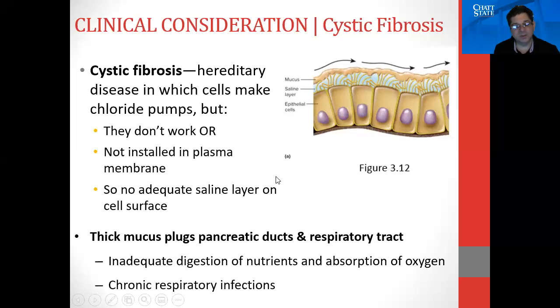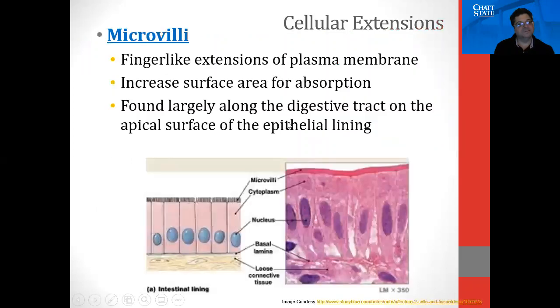And then the water has nowhere to go, because without a concentration that's different, water will naturally want to follow sodium chloride. Well, if sodium chloride's not moving, water's not going to move. So that makes the mucus thicker. And that's what happens. You get these mucus plugs in the respiratory tract mainly. So we'll do that in lab as an experiment, or at least a little clinical talk.